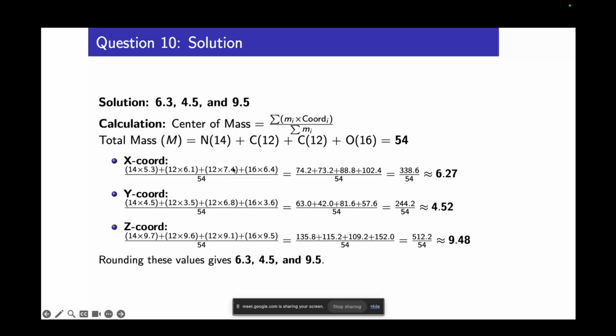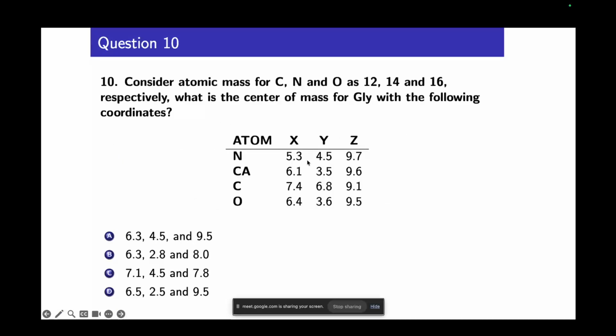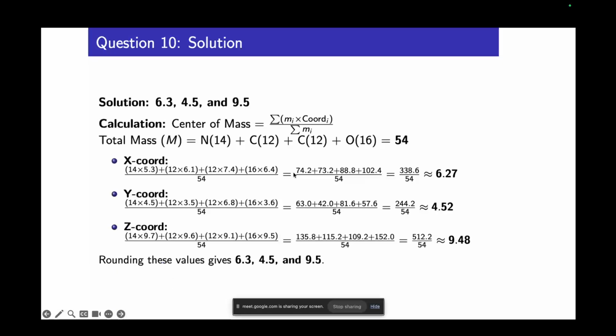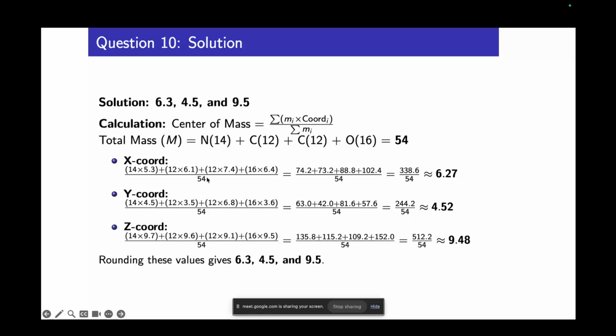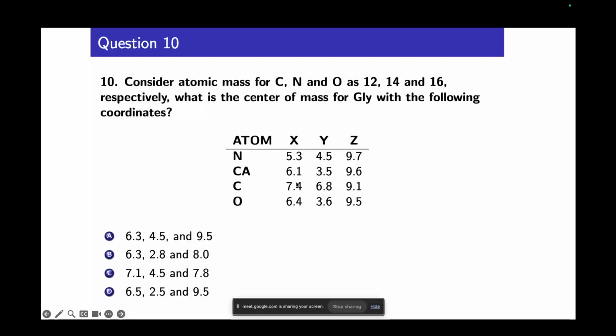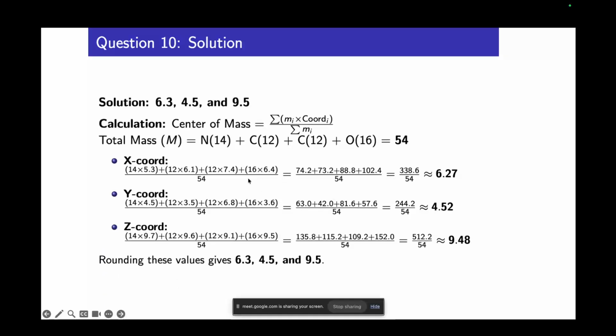This is 54, okay. 14 times 5.3, 12 times 6.1 is the alpha carbon, C alpha. It's okay. 12 times 6.1, 12 times 7.4, it's fine. And 16 times 6.4, yeah. So you add this up and divide by the total molecular weight of everything together. There are two carbons, one nitrogen, one oxygen, so you divide it by 54.